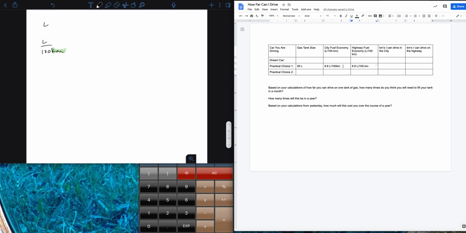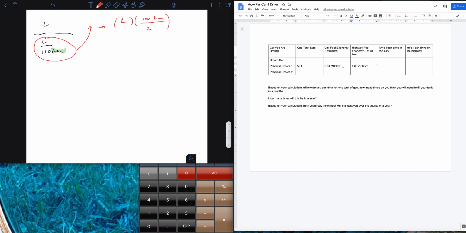This is how I figured out how to tell you how to do this question in text. If I divide these two together, I have a fraction inside of a fraction, and the way you can deal with this is you can take this and bring it to the numerator, and what it turns into is liters multiplied by 100 kilometers over liters.